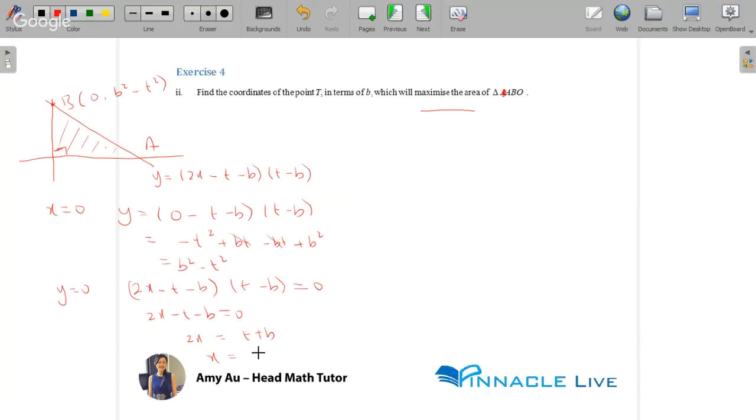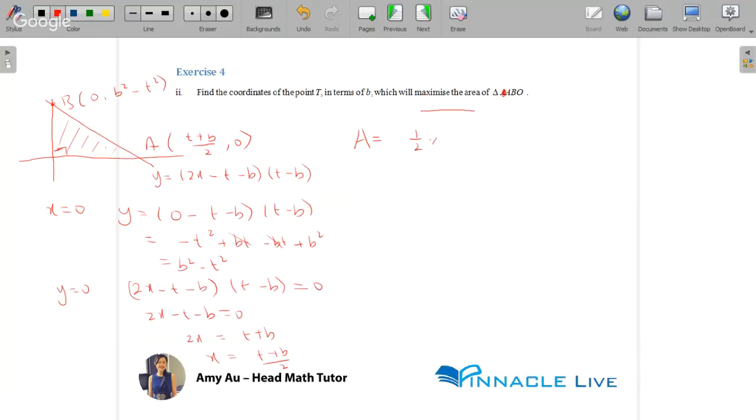So x is equal to t plus b on 2. Okay, so t plus b on 2, 0. All right, once we've got that, the area, so remember the core steps to maximization and minimization. You need to build an expression for the thing you want to maximize.